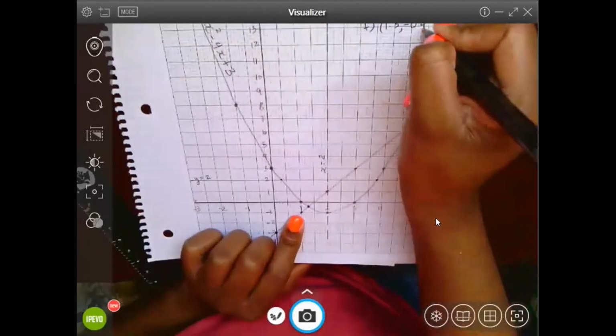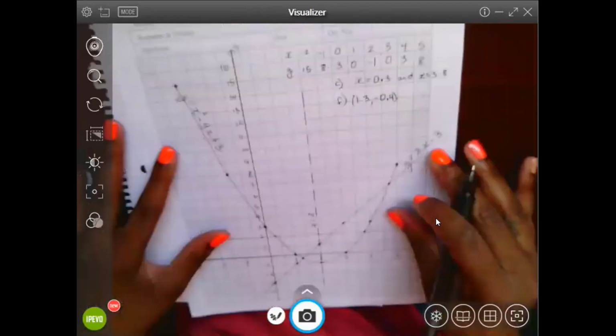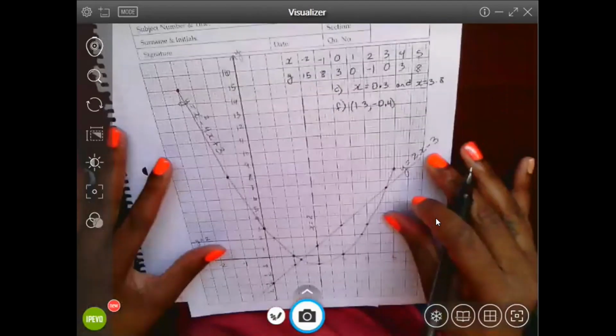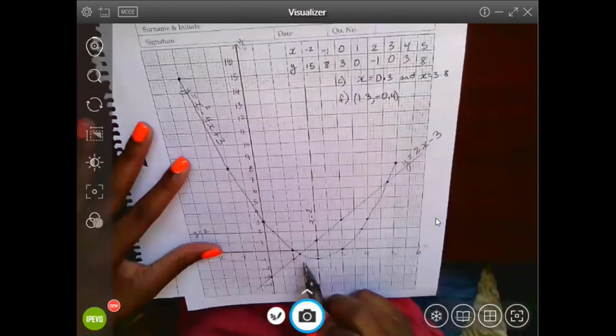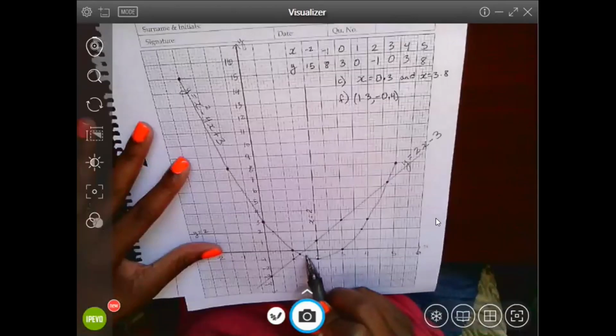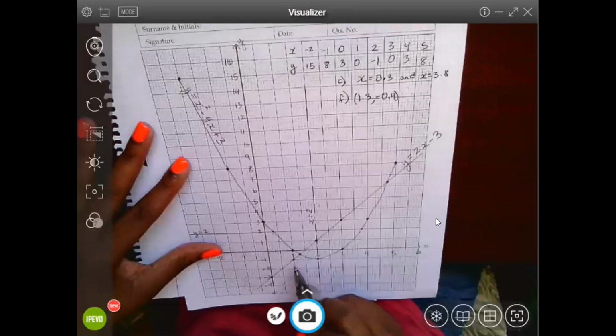And again, I'm estimating. If we look here, it's not fully 0.5, because this would be 0.5, but that's a little bit over. And so I estimated it to be 1.3. And then the same thing here. It's not at 1, and so I know it's somewhere between 0 and 1. And so I estimated it to be -0.4.